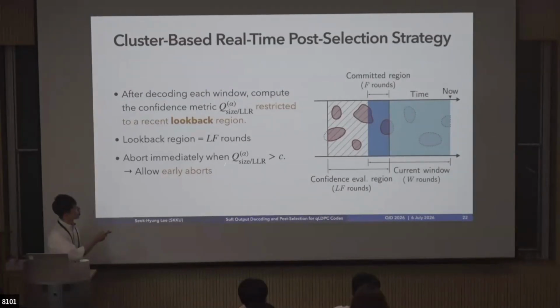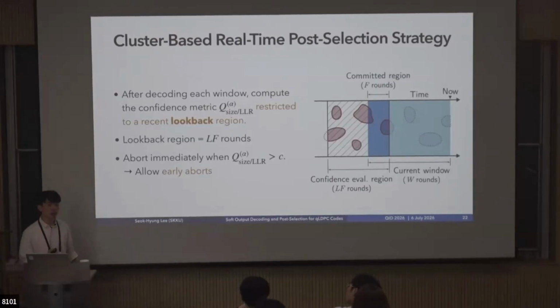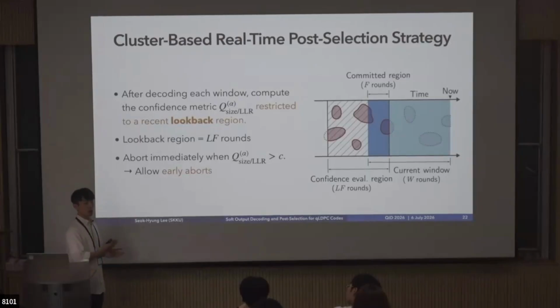Whenever the calculated metric is above the cutoff, we immediately abort. That's the big difference from the global strategy.